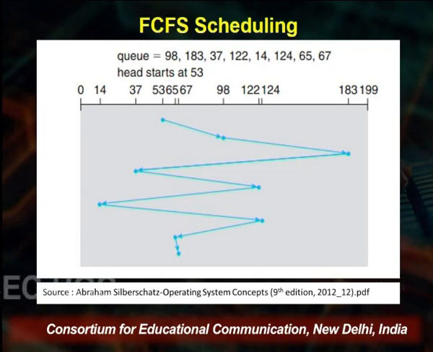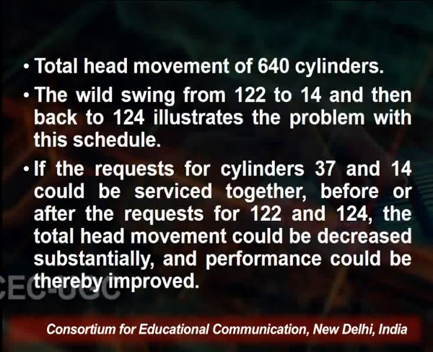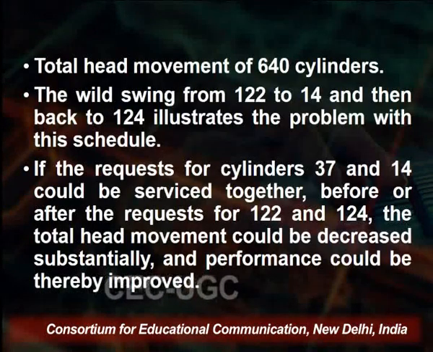Now, don't you think that if the 122 and 124 requests are serviced together, it is going to save a lot of head movement? Yes, it is, because now there is a wild swing from 122 going back to 14, then coming all the way to 124 as well, and that is the problem with this schedule.